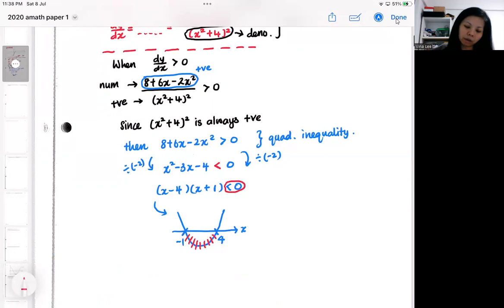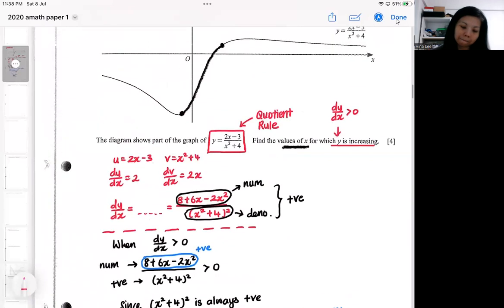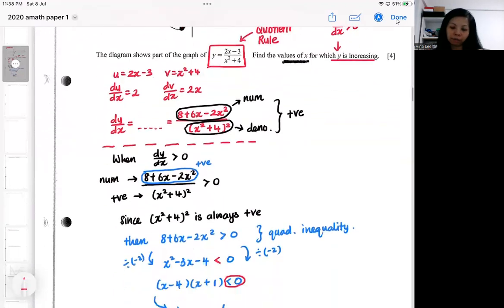When you shade below the x-axis, this is the range of x. You might want to see whether the range of x has some rough values that match the graph.